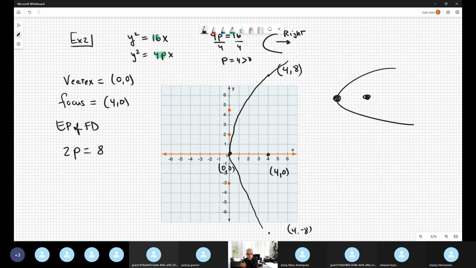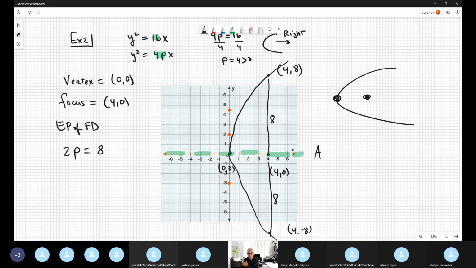Oh, sorry, my drawing is not good. This distance is 8. Why do I know it's 8? Because it's 2p, and 2p is 8. And 8 in the opposite direction. One more piece of information, the axis of symmetry, que splits the parabola into equal parts.